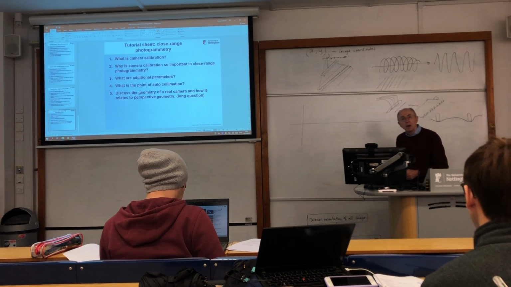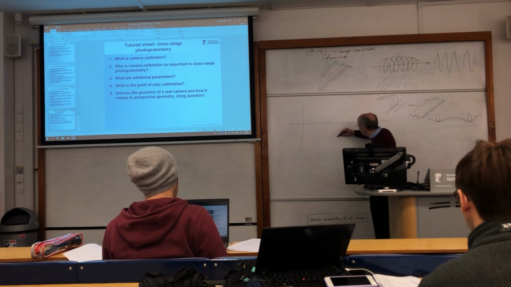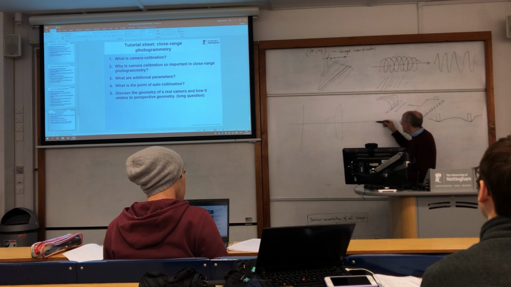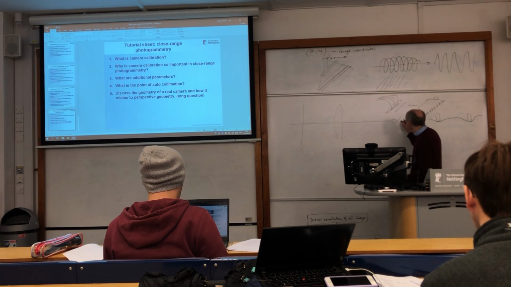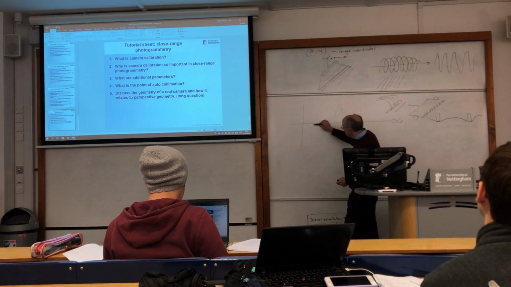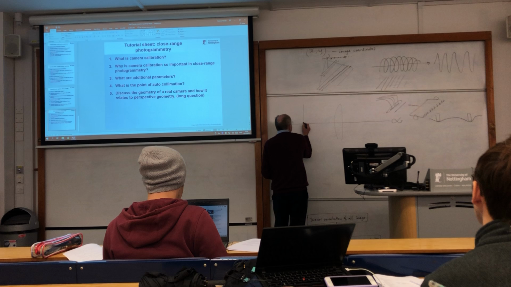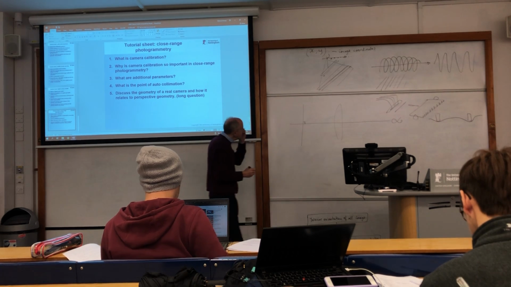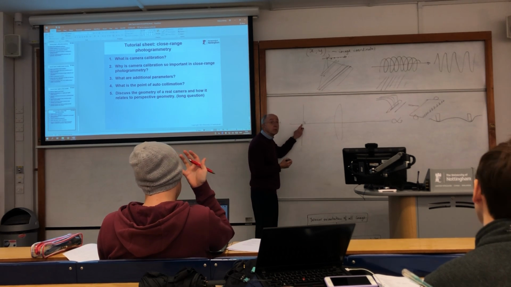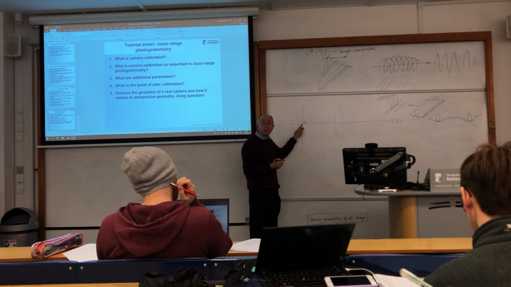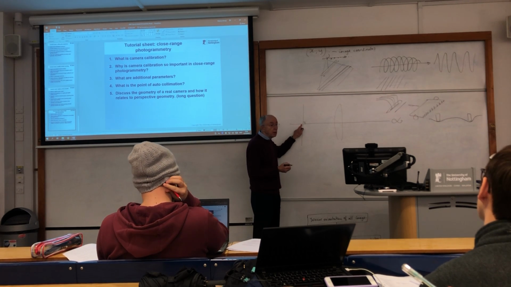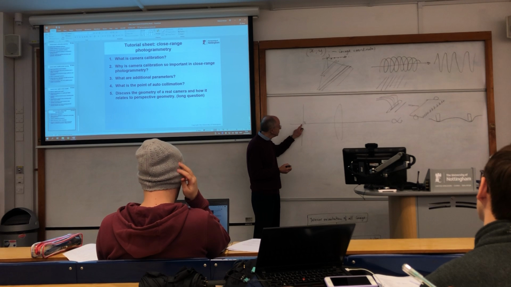In a perfect camera, we have a lens system like this, and this ray coming from infinity through the camera, through the lens, would hit the focal plane at right angles, like that. And that would be the definition of the principal point. And it would also be the point of autocollimation.